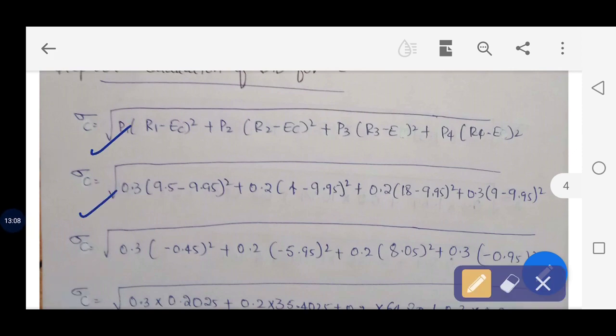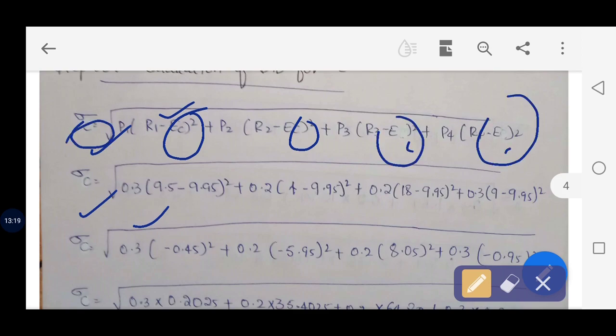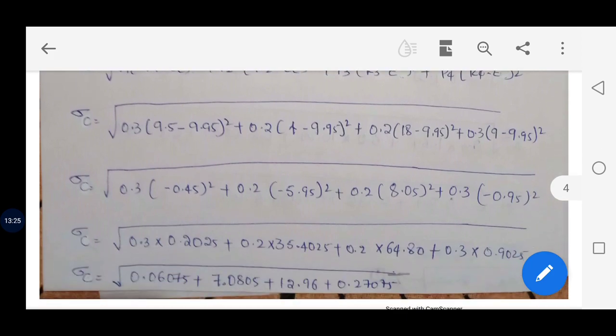P1 is 0.3, R1 is 9.5. Expected return of which security? We are calculating for C, right? So C security. So here C will come. After putting all the values, one point you should not get confused about, right?